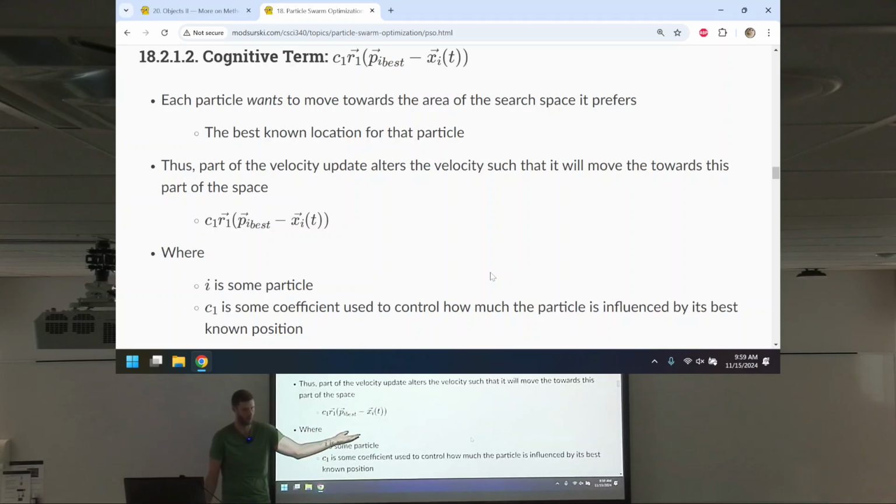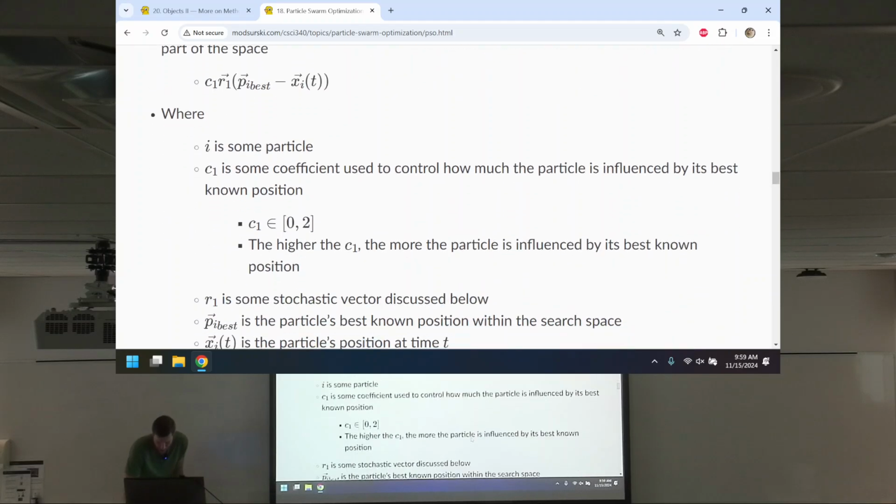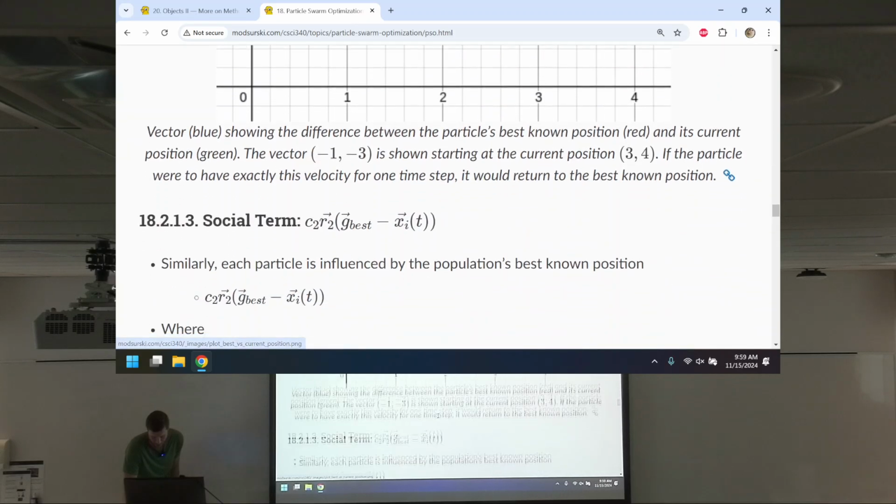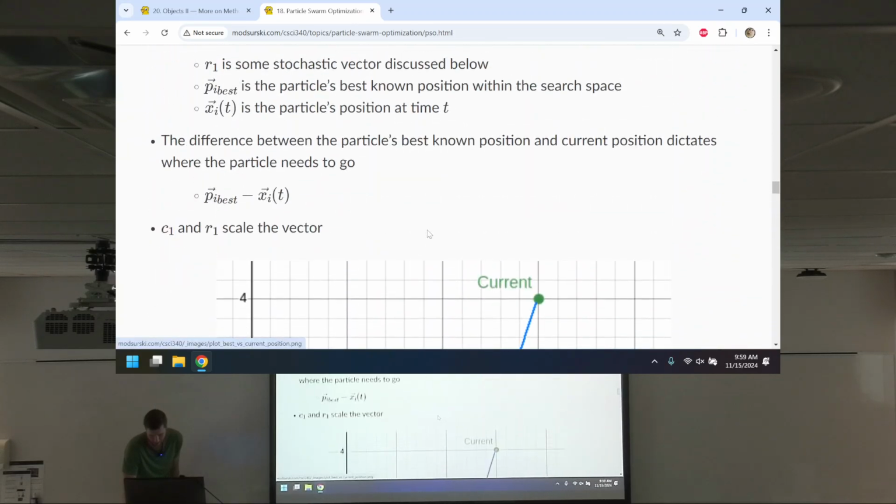I add 0, right? If this is a bigger number, it matters more and more, okay? R1, that's the randomness. That's where we add a vector. R1 is some stochastic vector discussed below. Where do I discuss it below? Okay, maybe further below.